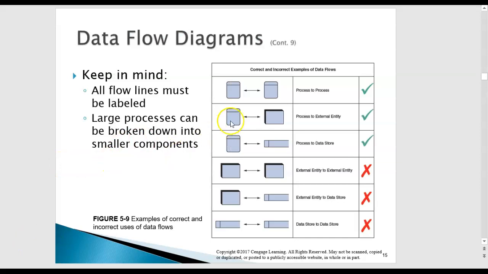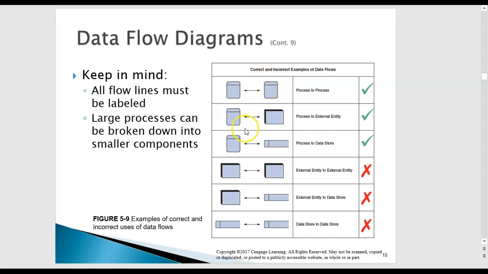So let's review some of the guidelines that we've already covered. As you can see over here, we already said that data can go from a process into another process. So for example, if one process is authenticating the customer's information, the other process could be to generate the credit limit for the customer.